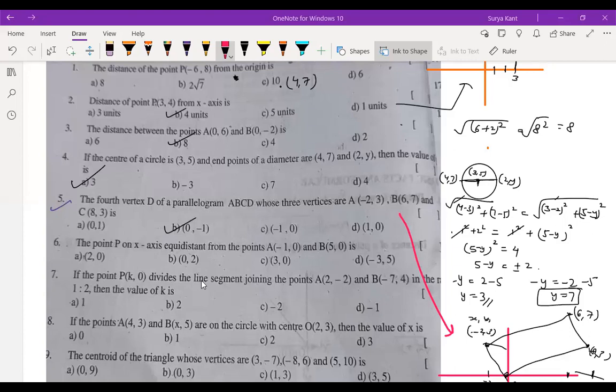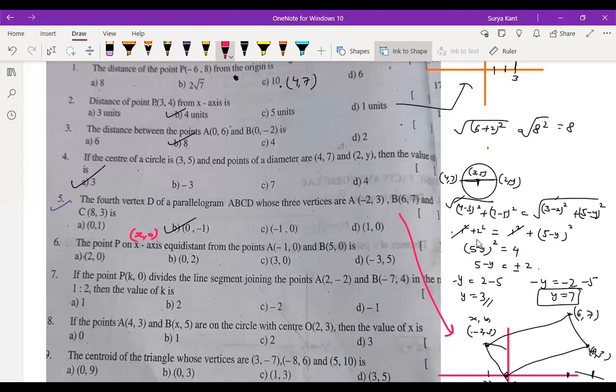So 6, the question is the point P on the x-axis. X-axis means what? x comma 0. The value of y is 0 at that point. It is equidistant from points A and B. 2, 0, sir.